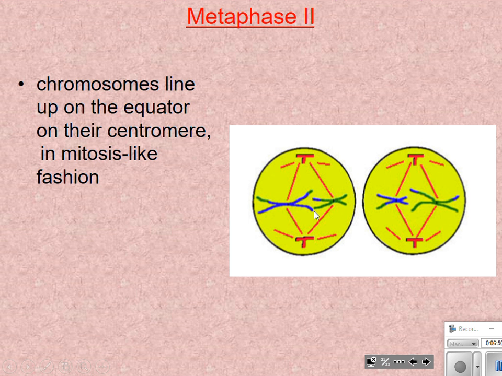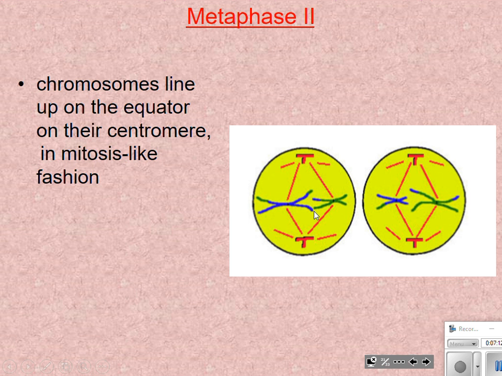Now, one difference between metaphase 2 and metaphase 1. We talked about the homologous chromosomes. The homologous chromosomes stayed together in metaphase 1.